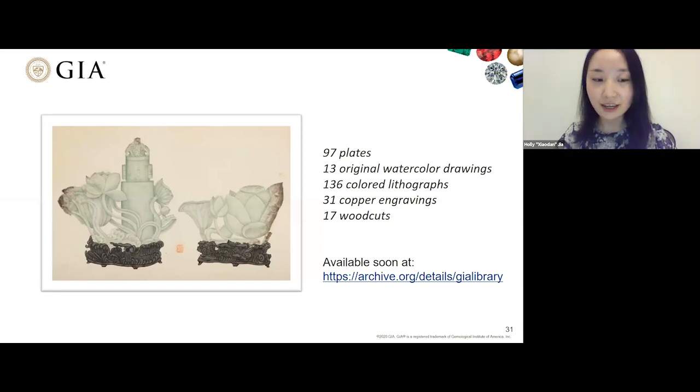All is printed on American handmade paper, and the combined weight of both volumes is over 100 pounds. Also, I'm glad to see that the digital version of this work will be shared with the public online through the Internet Archive.